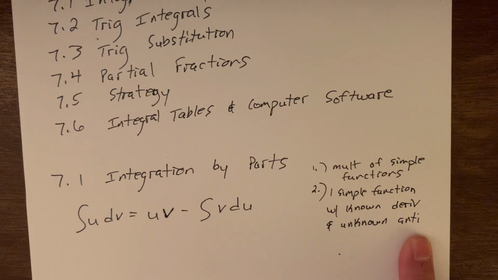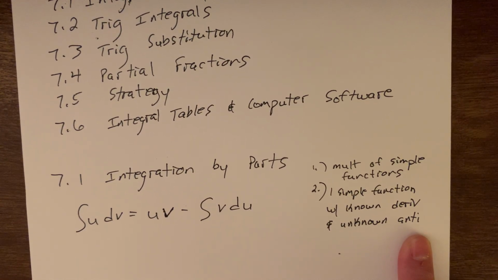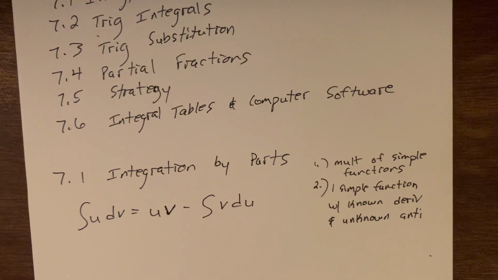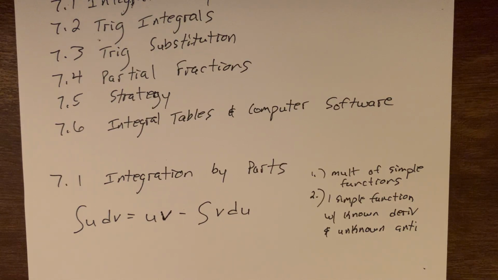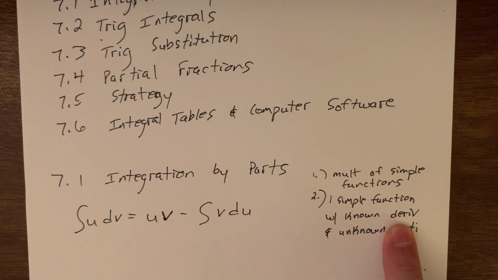There's three perfect examples we can say right now. You know the derivative of natural log x, of inverse sine x, and inverse tan x, but you don't know the antiderivative. So I say take the derivative of natural log x, that should be a piece of cake. But if I say solve the integral of log x, you don't have that on the f prime side of your f prime chart. So again, that's an unknown antiderivative, but a known derivative.